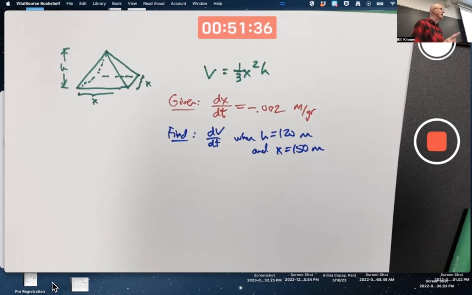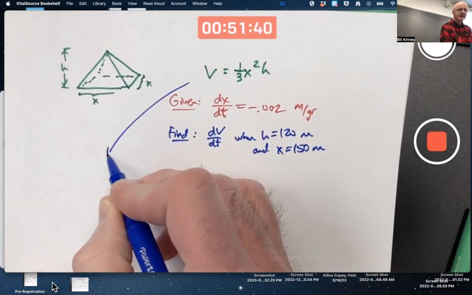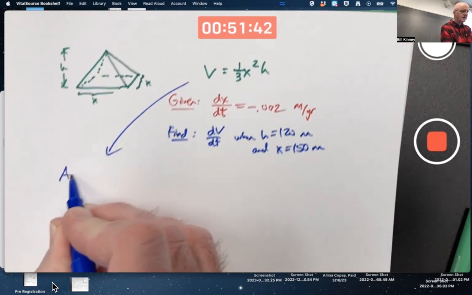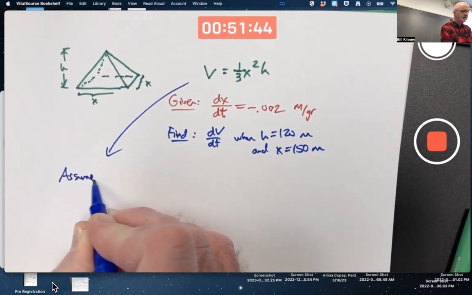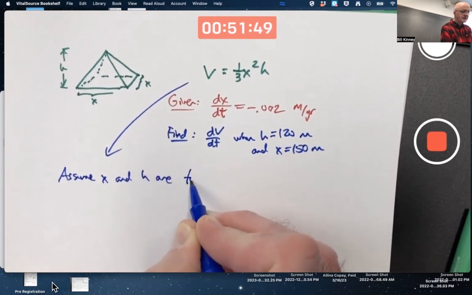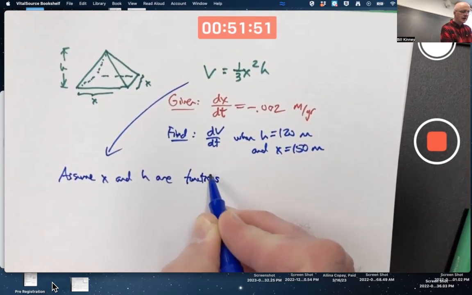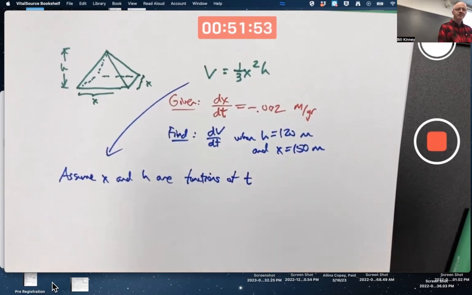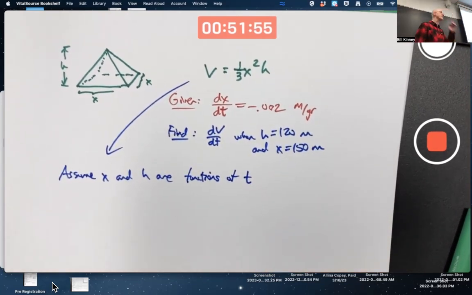But just for the sake of doing it, it's not the easiest way to do the problem, but just for the sake of illustrating it, let's assume at the start here, x and h are functions of t, which does mean V is a function of t as well.